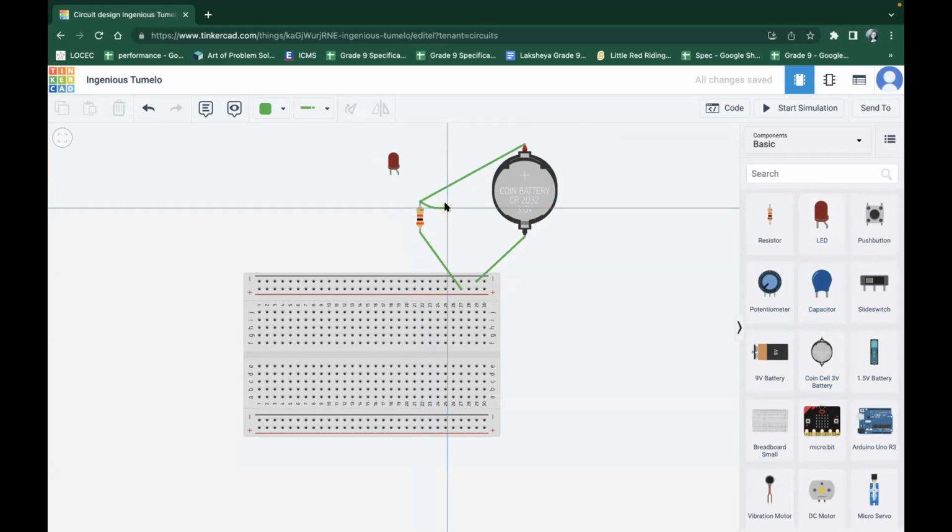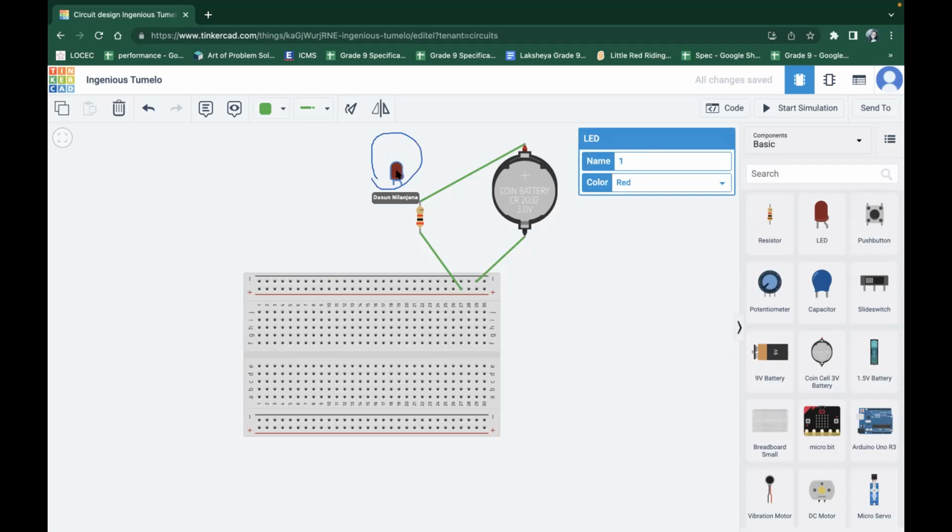Just undo that. You have to connect the bulb there. Don't change that. Use this and connect this to the positive edge and negative edge. Do you know what the positive edge is? The lengthier one is the positive, or anode.